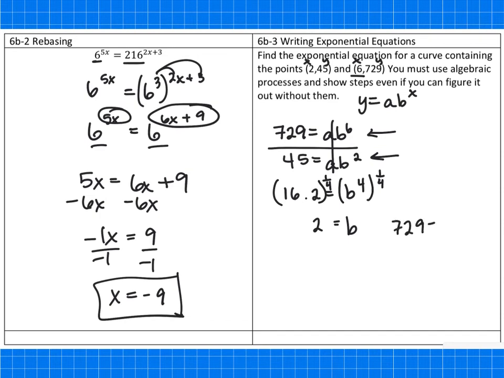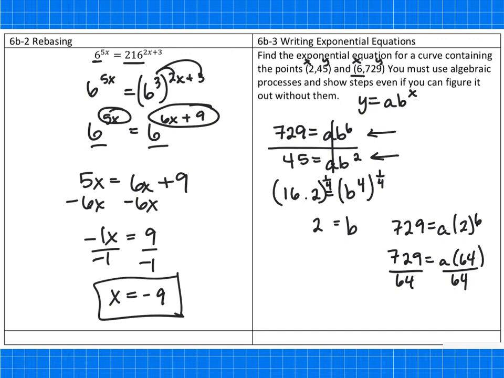729 equals a, which I don't know, times 2 to the 6th. So 2 to the power of 6 is 64. So 729 equals a times 64. Divide by 64. Is 11.390625, so I'm going to round that to 11.4.